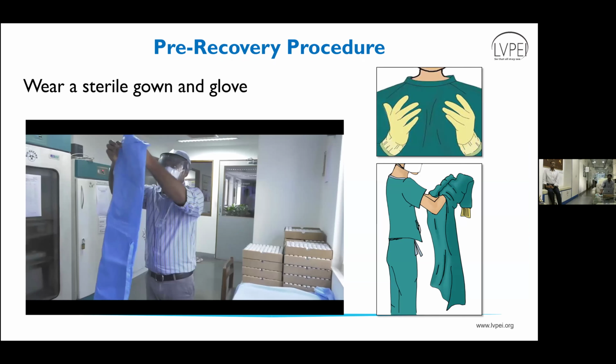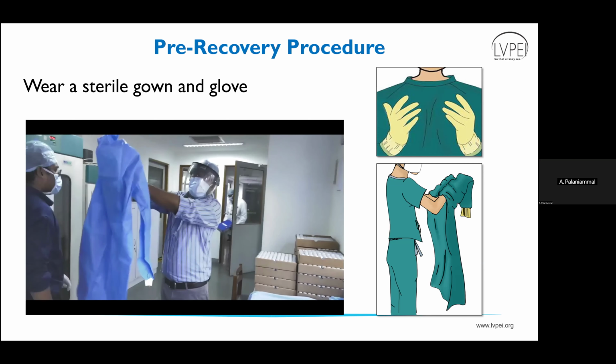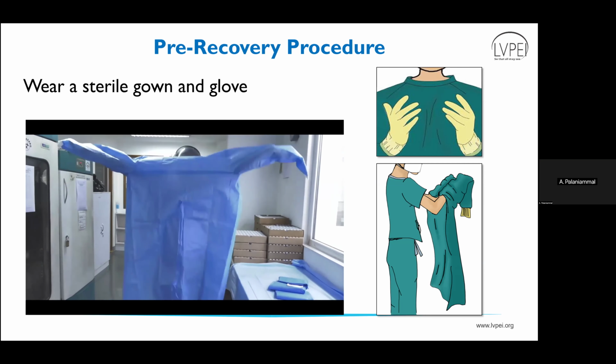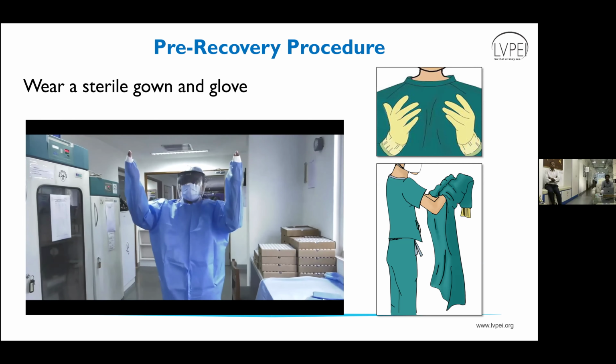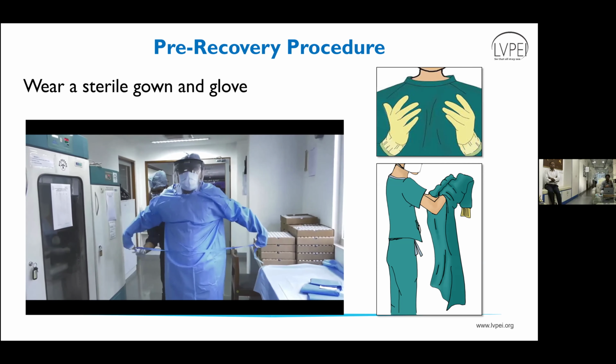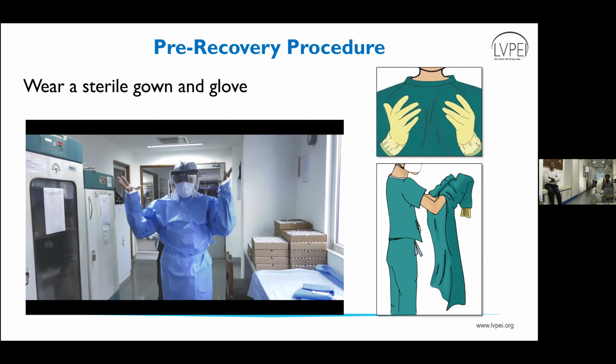Then wearing the gown. Once we set up everything, the technician who is doing the recovery has to wear the sterile gown from the linen pack. We already dropped that linen on the sterile field, and we have to wear the sterile gown and sterile gloves, as shown in the video. Make sure that while you are wearing the sterile gown, your hands are in an up position, always above hip level.